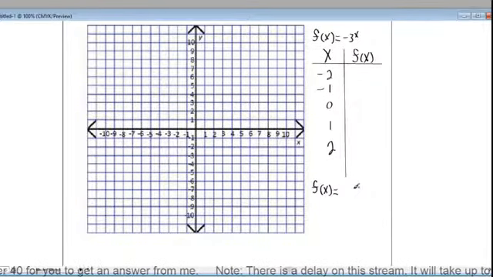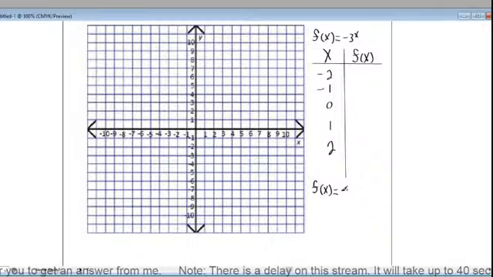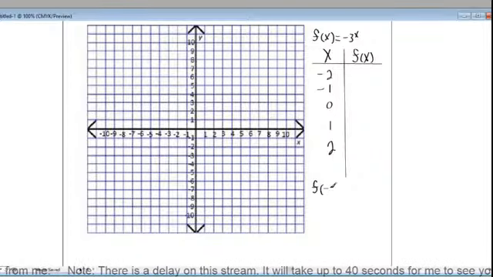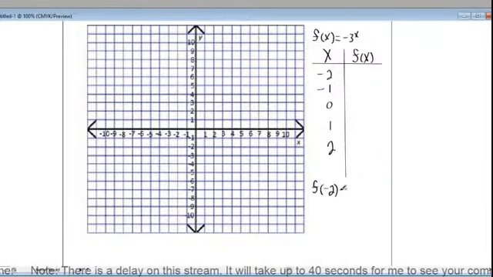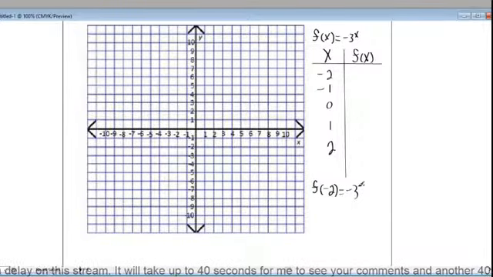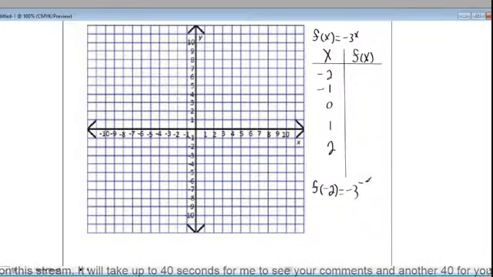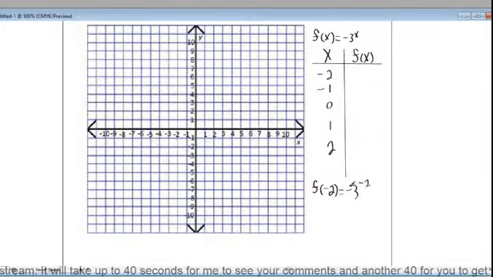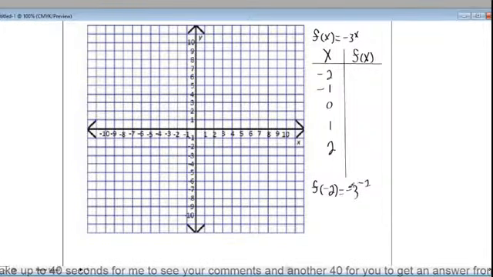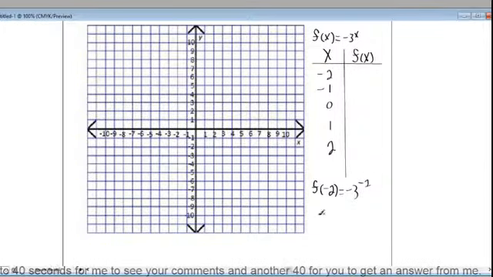Not f of x, f of negative 2, that's what we're plugging in, equals negative 3 to the negative 2. Like we said before, the only thing that this negative on the exponent does is take the reciprocal. It doesn't do anything else.